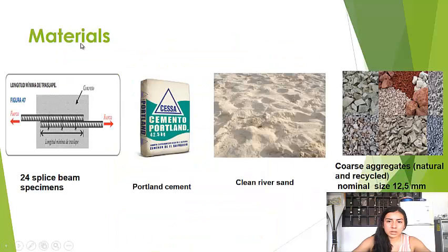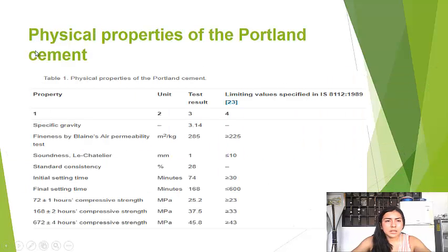The following materials are used in this investigation: 24 splice beam specimens, Portland cement, clean river sand, and coarse aggregate, natural and recycled, with a nominal size of 12.5 millimeters. This table presents physical properties of Portland cement, for example specific gravity, fineness by Blaine, soundness by Le Chatelier, and standard consistency.